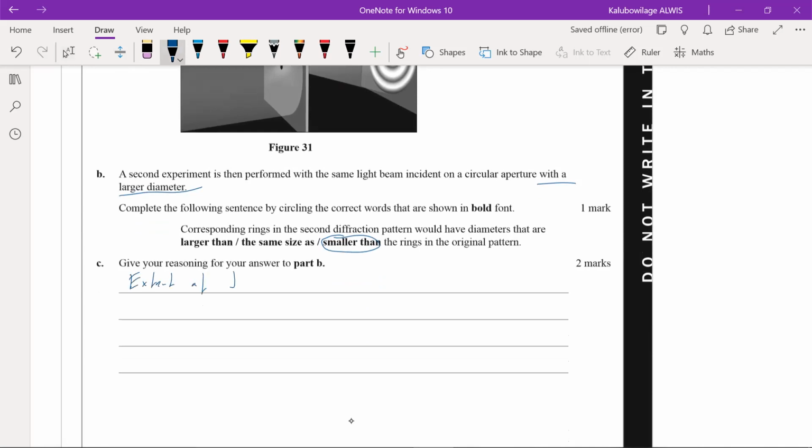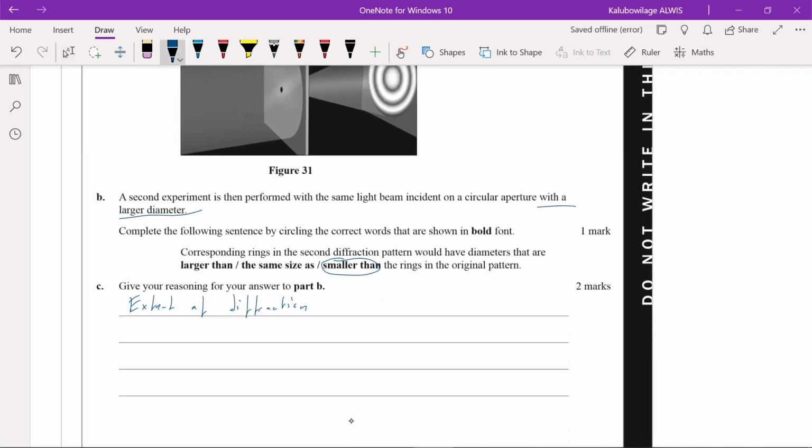The extent of diffraction is inversely proportional to slit size, and you should mention that.